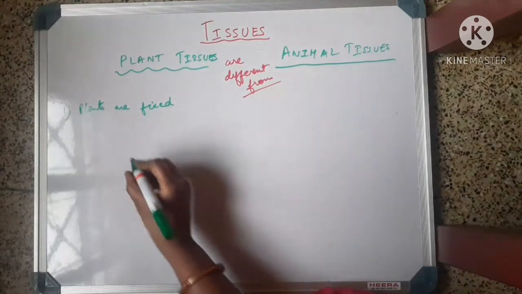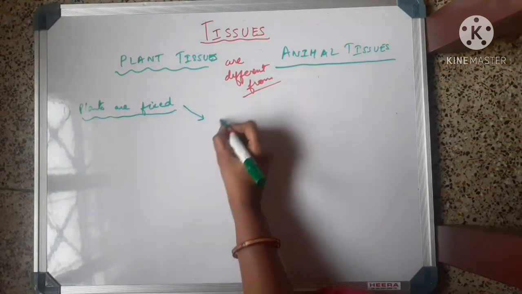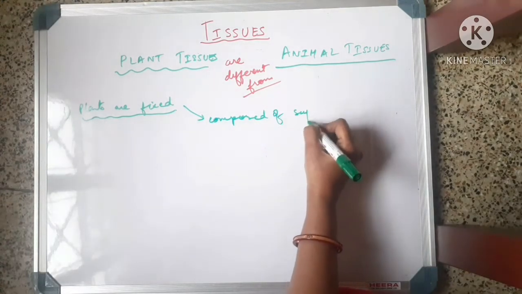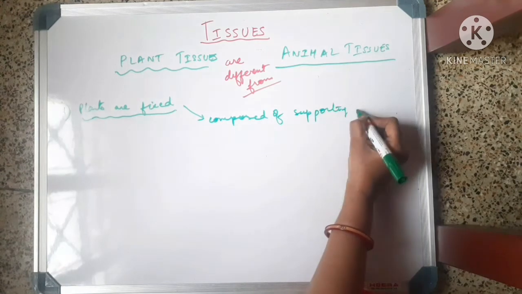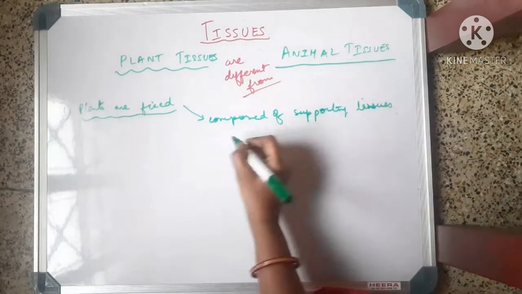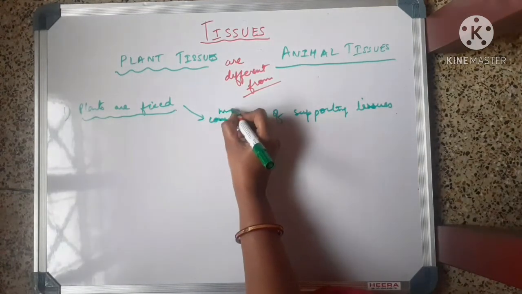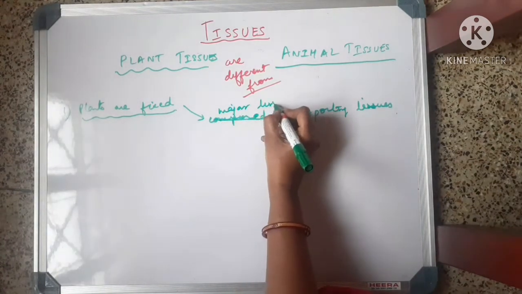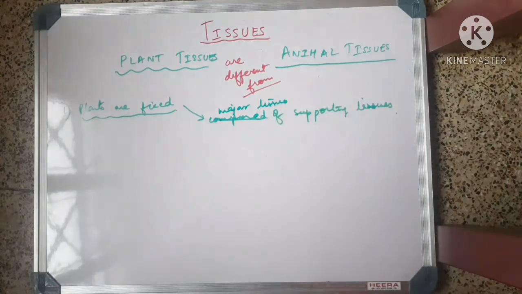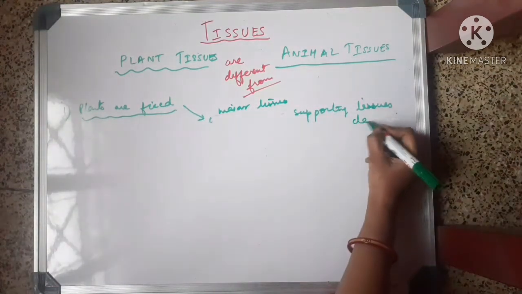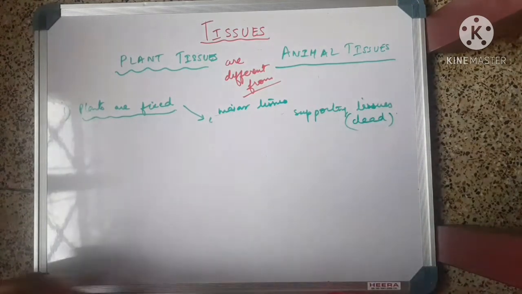So animals need more energy. Since plants are fixed, they are composed mainly of supportive tissues. Major tissues are supportive, and supportive tissues are generally dead. They are not living.